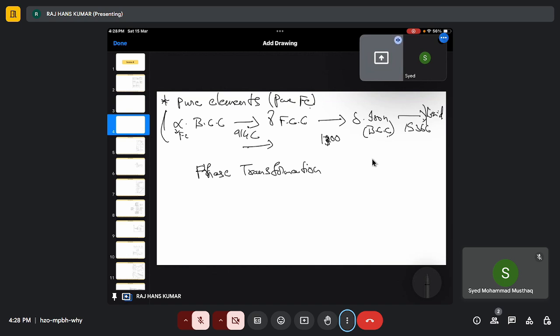Phase transformation depends upon our temperature, and also the diffusion of atoms. The diffusion again will depend upon temperature and time, and also on different terms like the type of crystal structure, and what type of diffusion we are talking about.